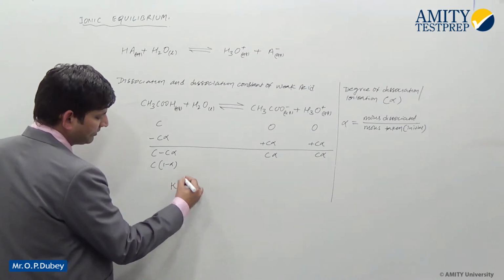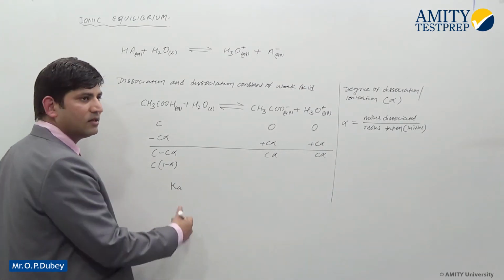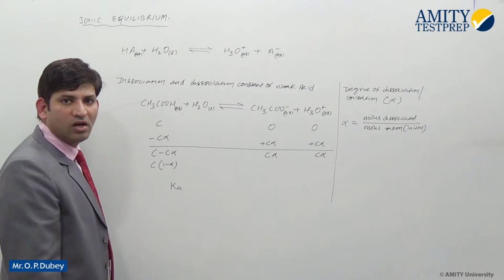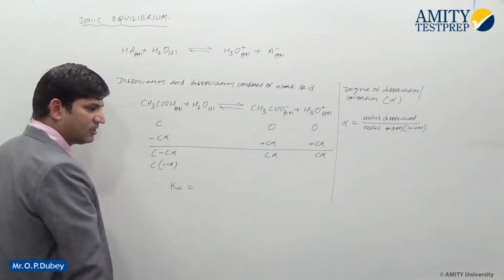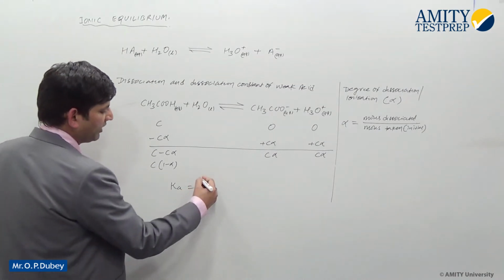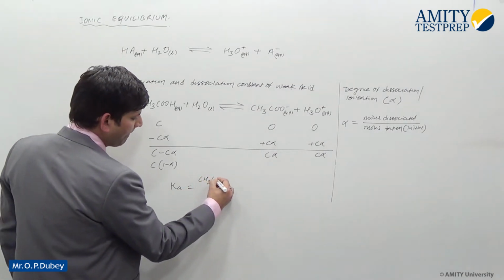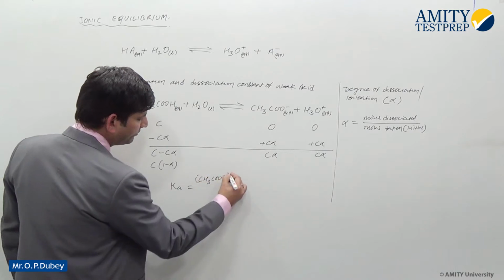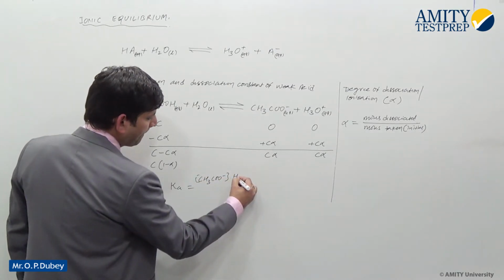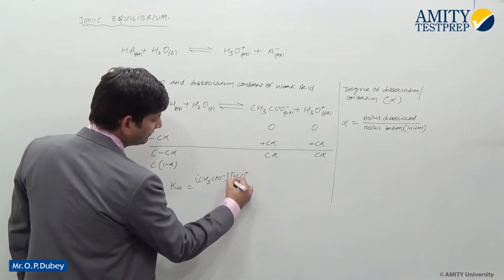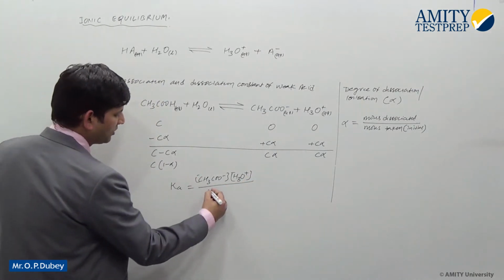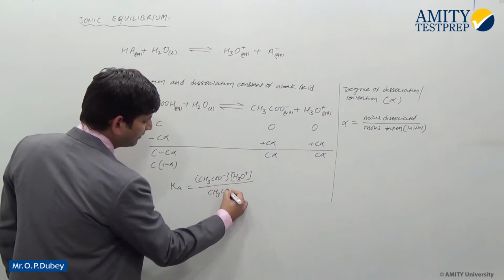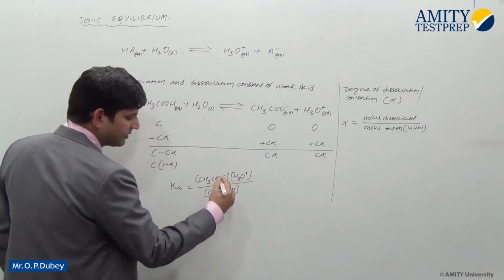Now we can calculate the dissociation constant of this weak acid, which is K. K is the dissociation or ionization constant of the weak acid, and its expression is the concentration of acetate ion times the concentration of H3O positive, that is H plus ion, upon the concentration of the weak acid, acetic acid.